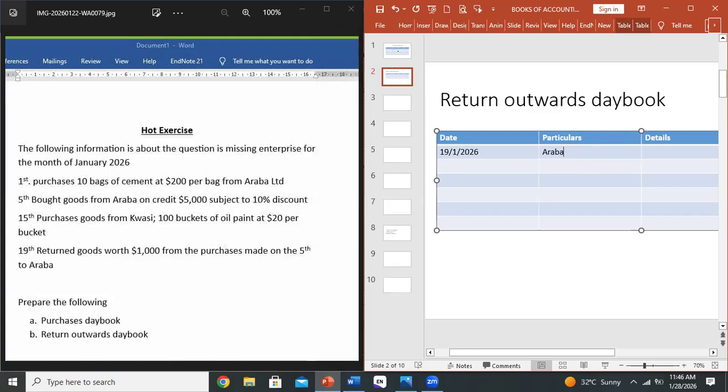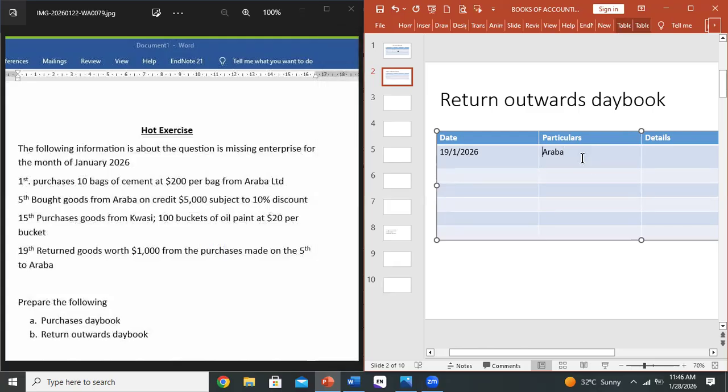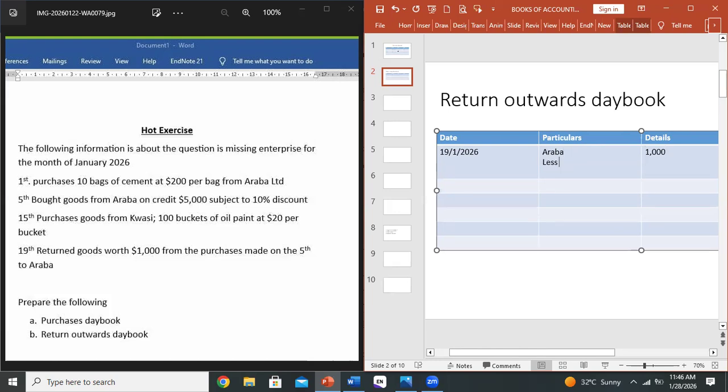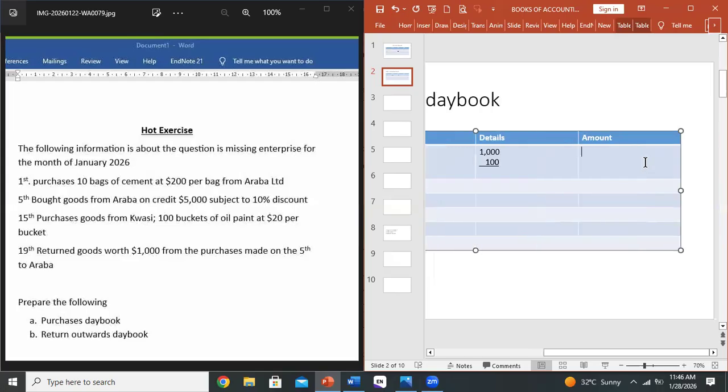So for this returns worth 1,000, we need to less that discount. So 10% on 1,000, that is 100, giving us a net figure of $900.